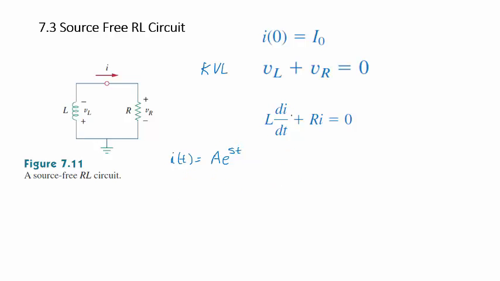So we want to solve for what this I of t is, and we substitute it back in. So L di dt, the derivative of that with respect to time, is L a s e to the st. The derivative of this with respect to time is simply R a e to the st, and that equals 0.